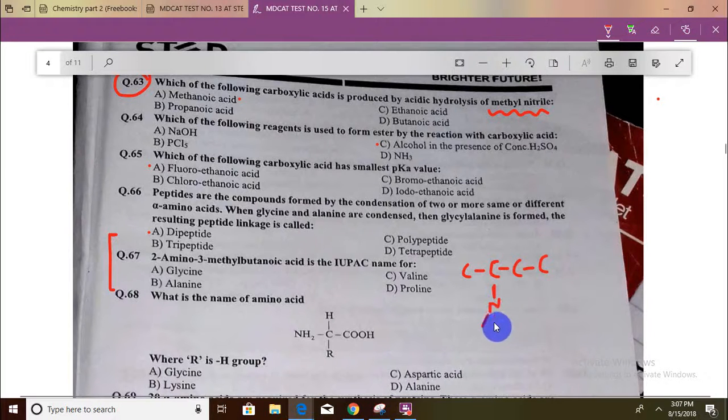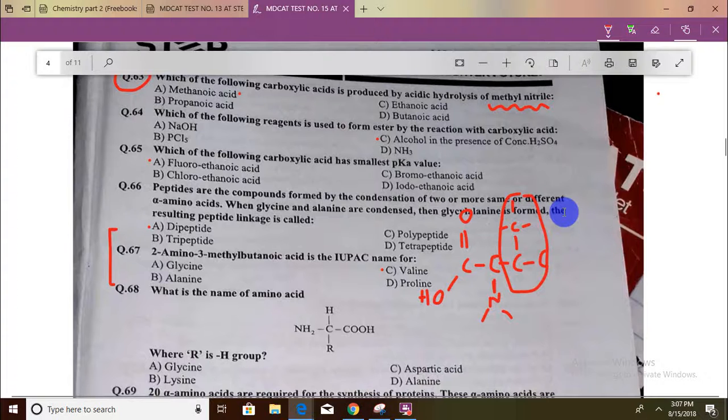So this one needs to be 3-methyl. So this is obviously valine, because of this attachment right over here, isopropyl attachment.